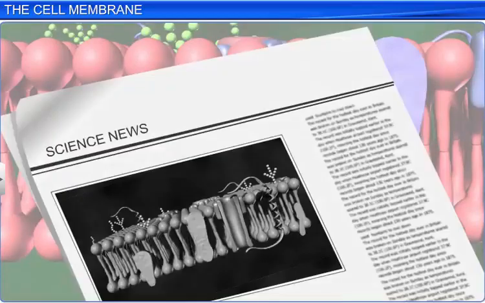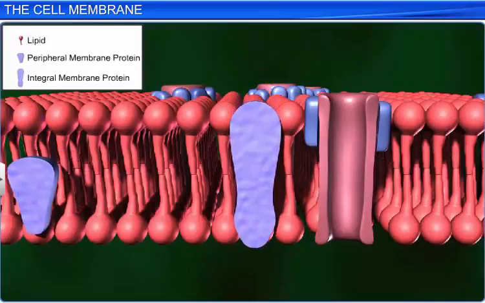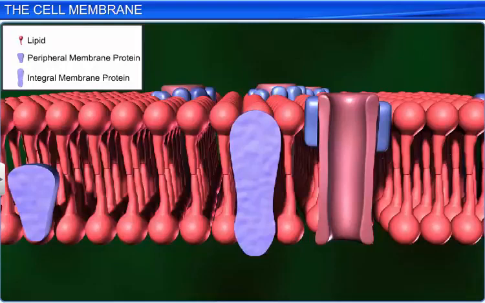This model stated that lipids are found in the form of a fluid bilayer. This quasi-fluid of almost fluid-like nature allows proteins to move laterally within the bilayer, and this ability of the membrane to allow the movement of molecules within it is referred to as membrane fluidity.